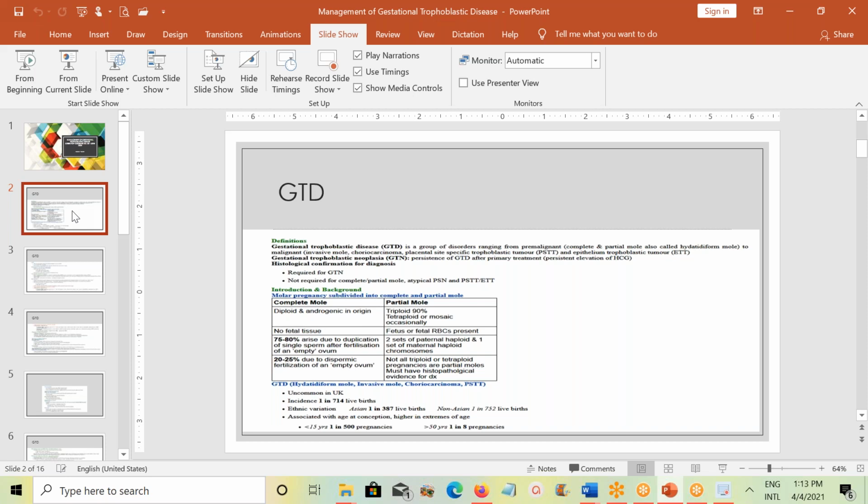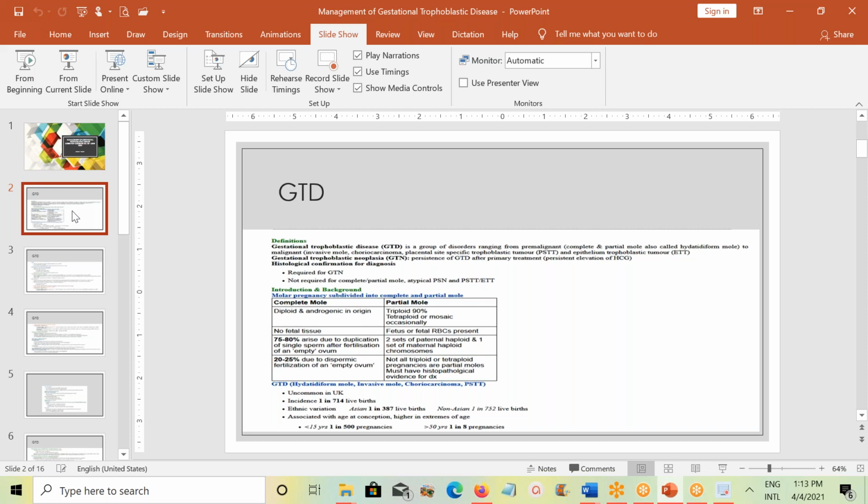Then GTN, gestational trophoblastic neoplasia, means there is persistence of the gestational trophoblastic disease after primary treatment, so after primary treatment we still have high levels of beta HCG. That's why this condition is persisting.